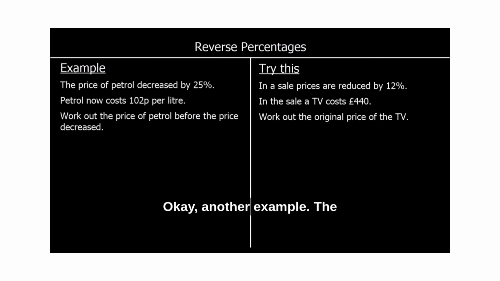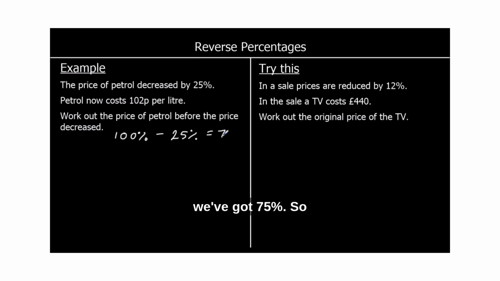Okay, another example. The price of petrol decreased by 25%. Petrol now costs 102 pence per litre. Work out the price of petrol before the price decreased. So this time we've got a decrease. So 100% was the original, and we took off 25%.